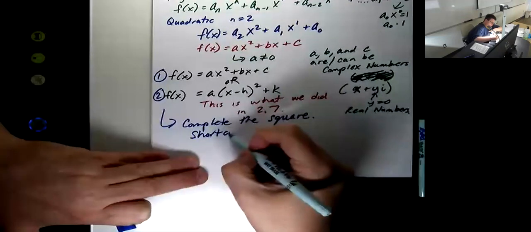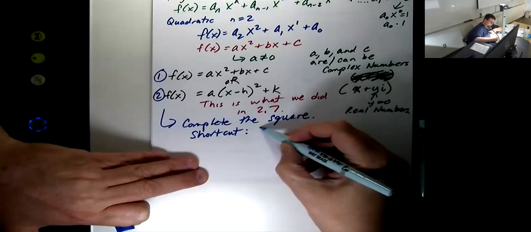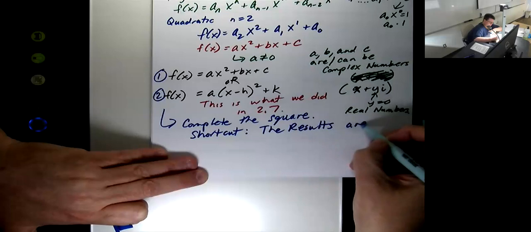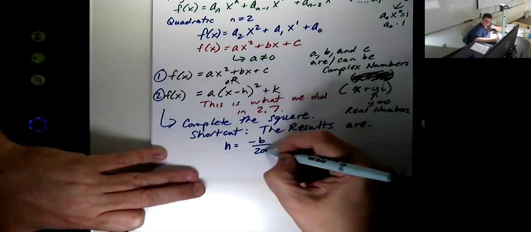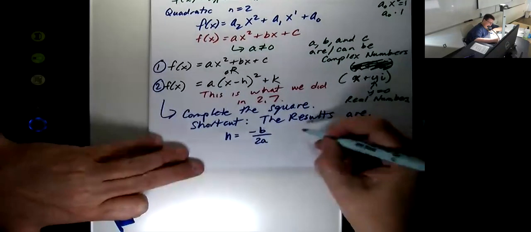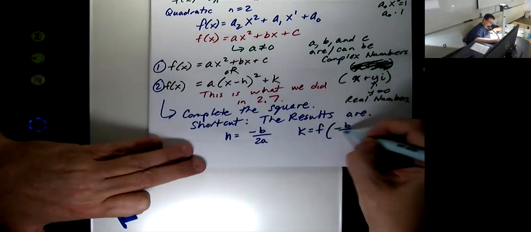Shortcut, just spit out the results. The results are h equals negative b over 2a. And k equals f at negative b over 2a.